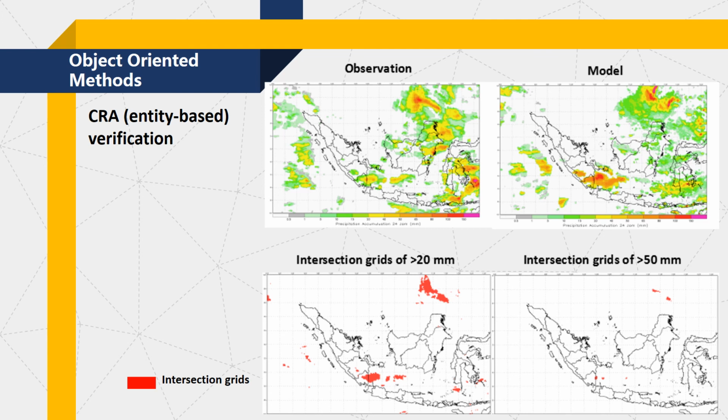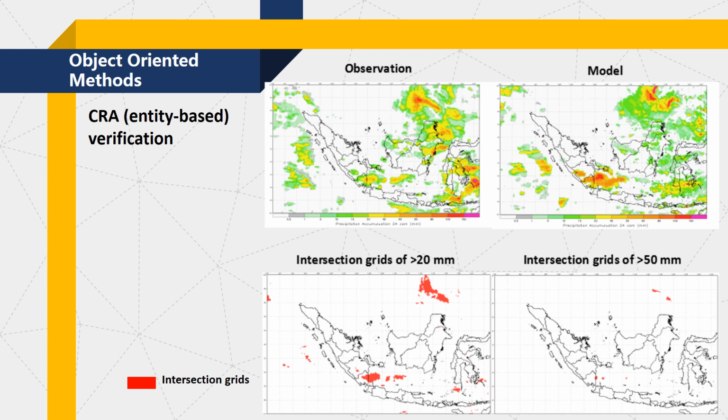The entity which is verified is classified as hits, misses, and false alarms, based on how close the forecast location is to the observation and how well the maximum intensity is exhibited by the forecast data.